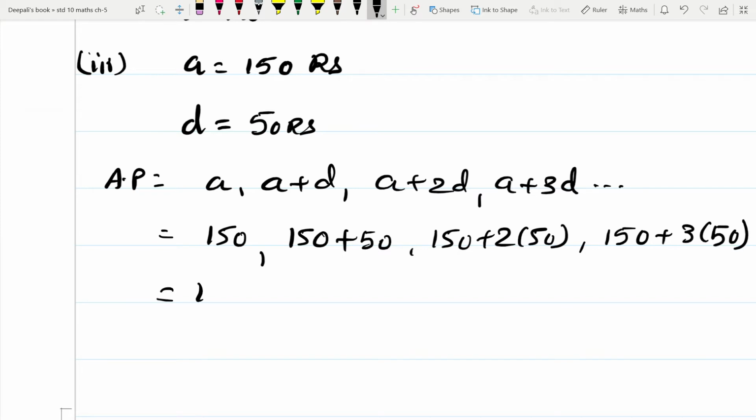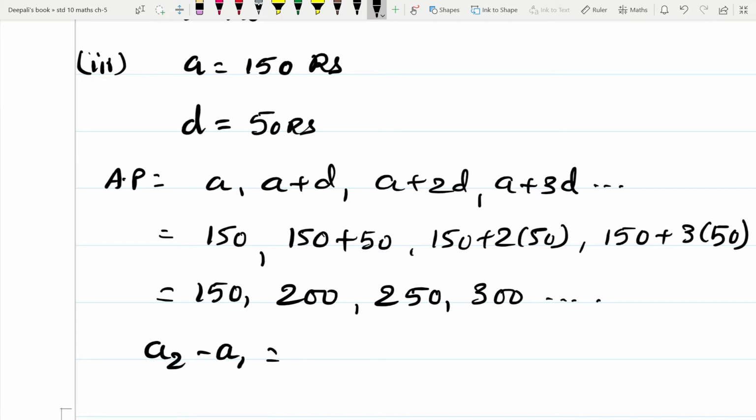So I get 150, 200, 250, 300, and so on. And if I check A2 minus A1, I get 50. A3 minus A2, I get 50.